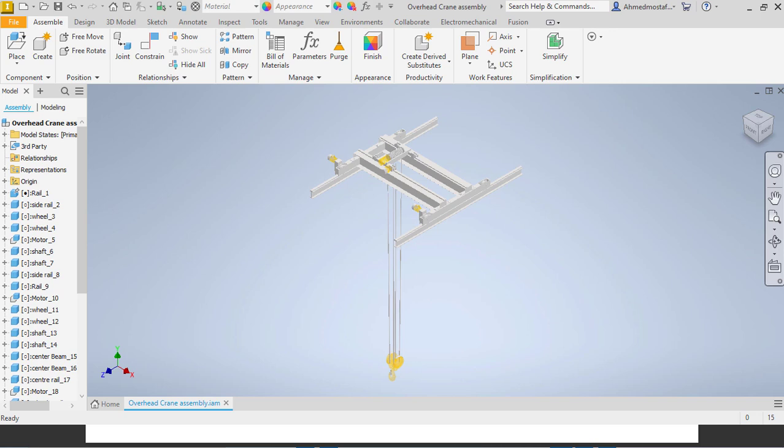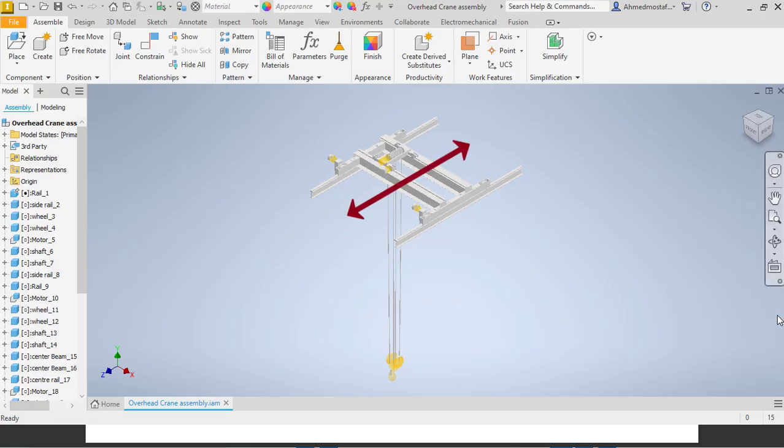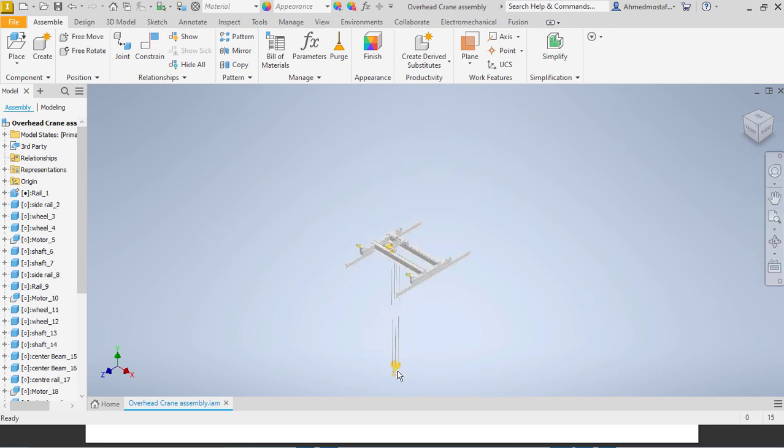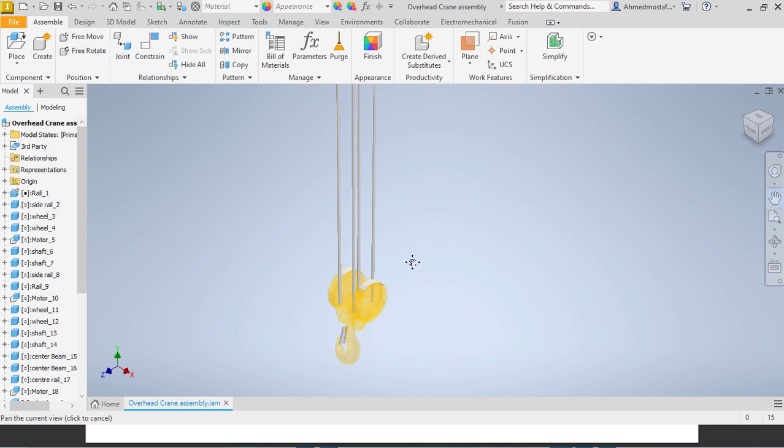Actually, this crane is working with a hand controller to make it move in the X direction, Y direction and Z direction. Here, as you can see, we have our hook. This hook is responsible for holding the loads, the mechanical loads, in tons actually.